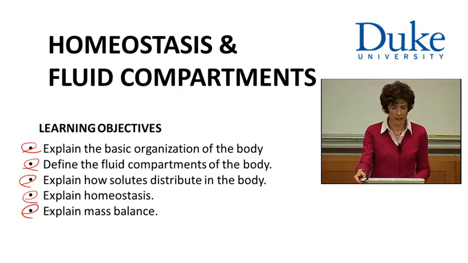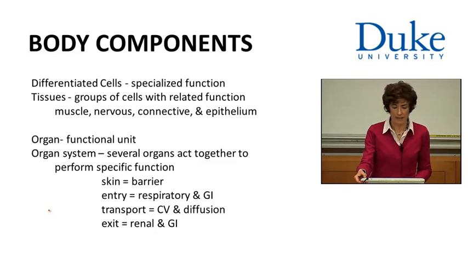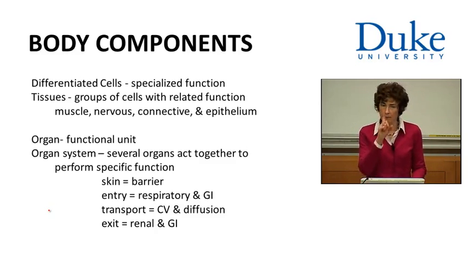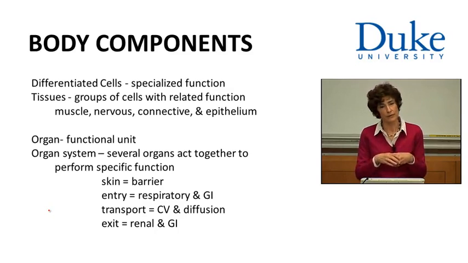All right, so the first thing that we want to consider then is the body components. As you all know, the human body starts with a single fertilized egg, and this egg then undergoes division to make multiple copies, as well as differentiation. The differentiation allows the specific cells to acquire specialized functions.